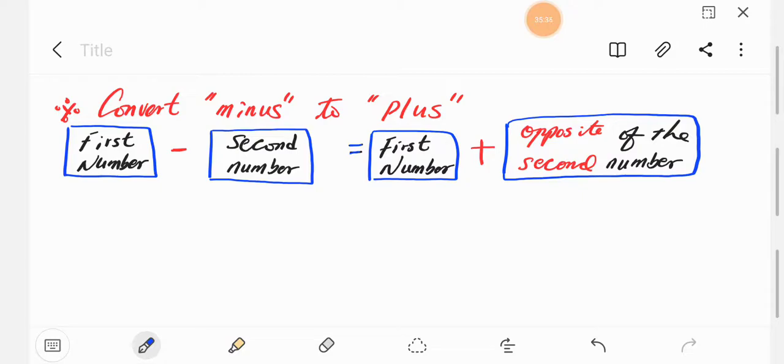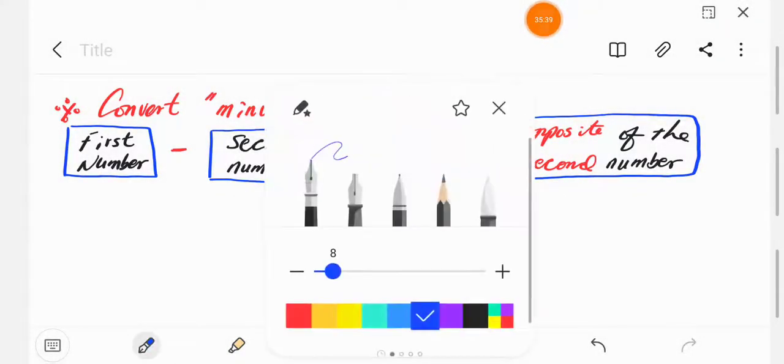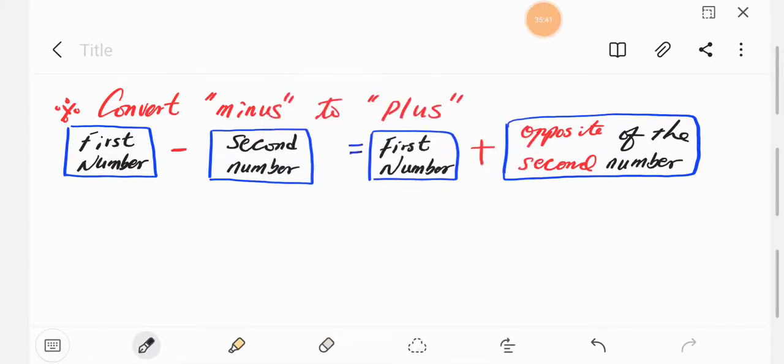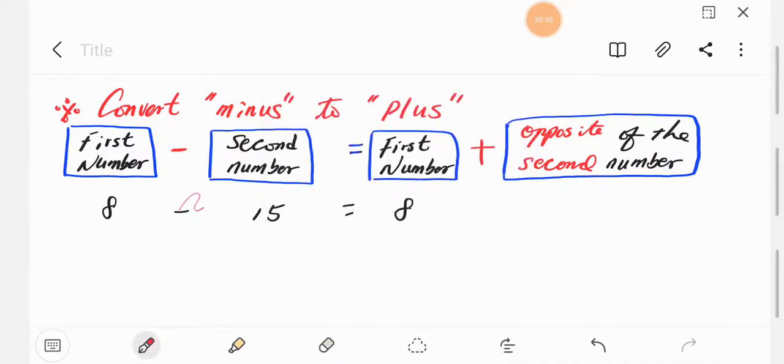Okay, so for example, this is really important. Let's say here is 8 minus 15. The first number is unchanged. And then we change this minus sign to a plus sign. Then what happens to this second number?